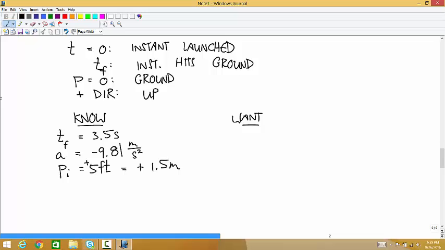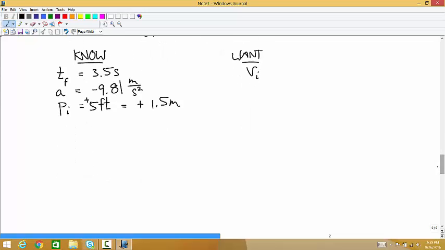Velocity at time equals 0 is what we're trying to find. And we don't know the velocity when we're at time final. Oh, I skipped one. We do know P final is equal to 0 because after 3.5 seconds it hits the ground. So after 3.5 seconds, the position is 0.